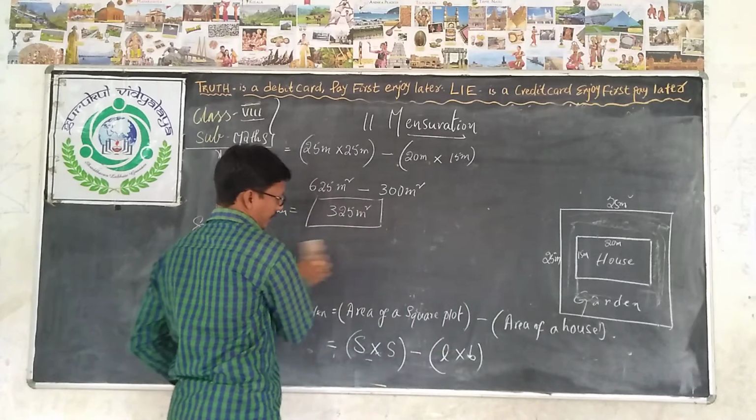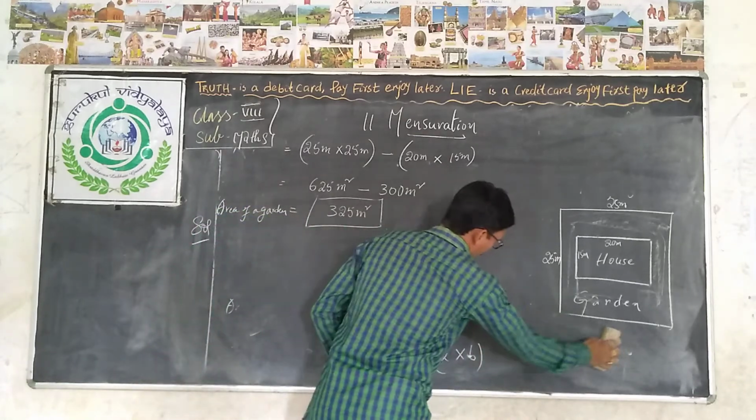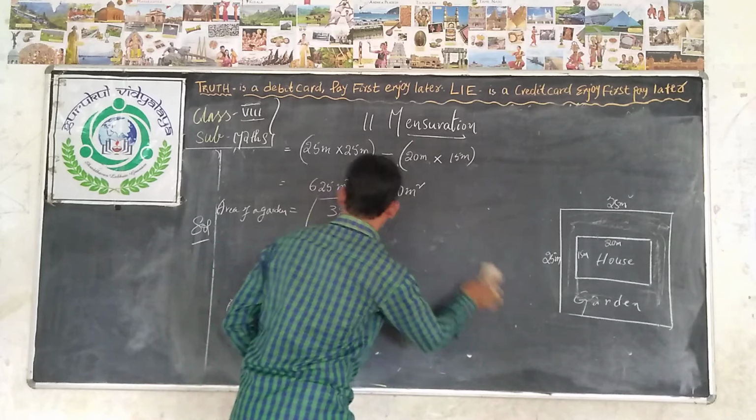Now, what is the cost given per square meter? 55 rupees is given.